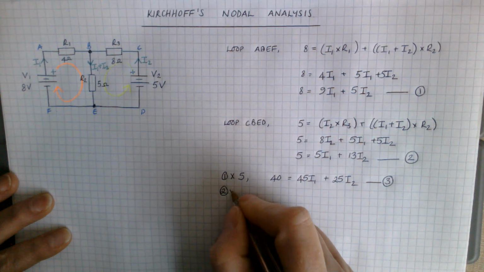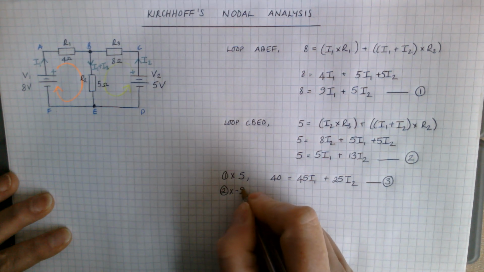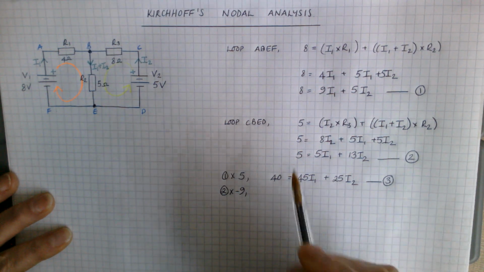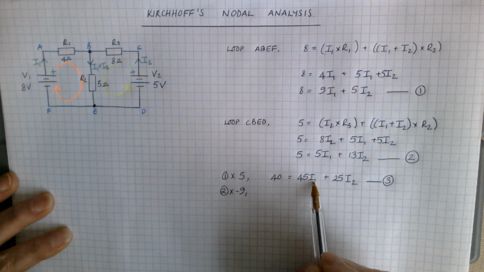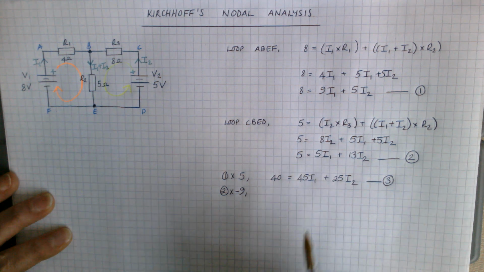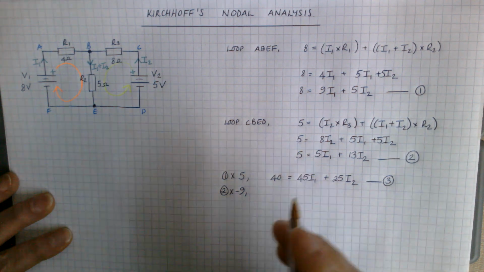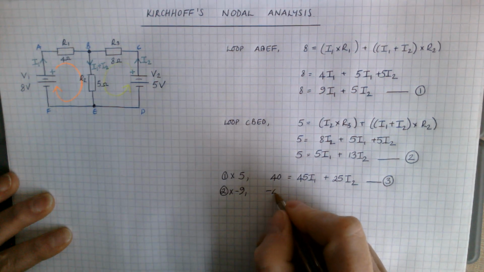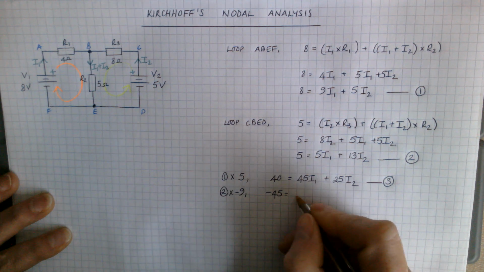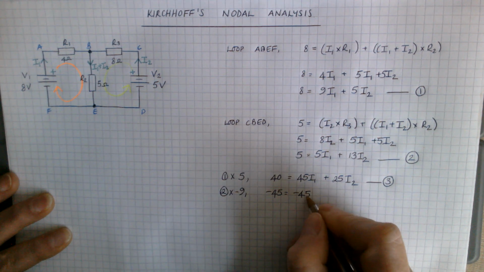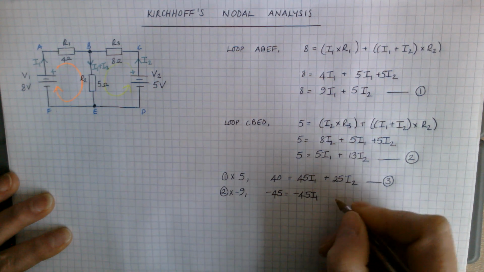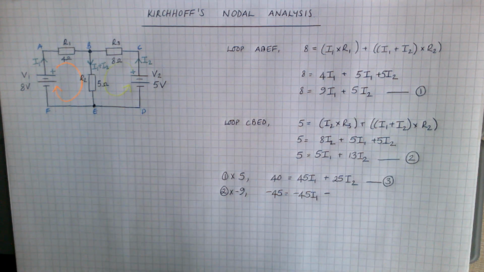My second equation, I'm going to multiply it by negative 9. So that in my first equation, I've got 45 I1s, and in my second equation, I'm going to have negative 45 I1s. So let's start with this at the start first. So I've got minus 45 I1s.